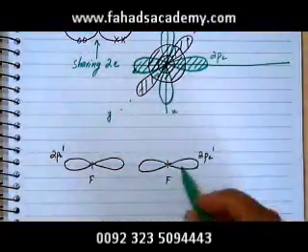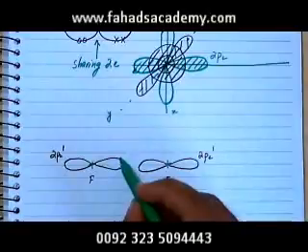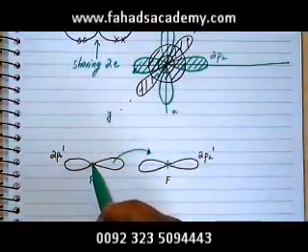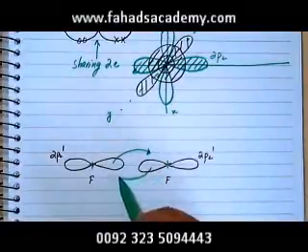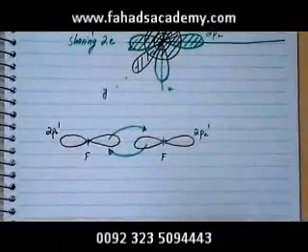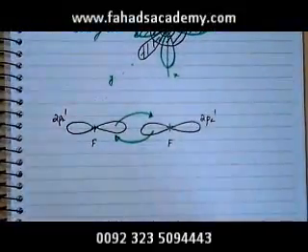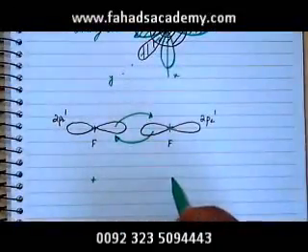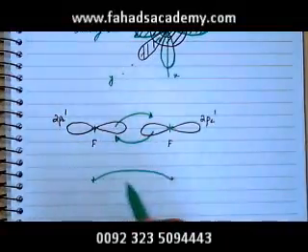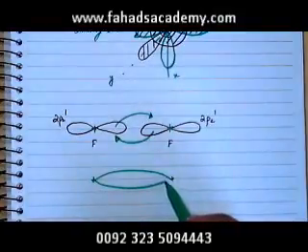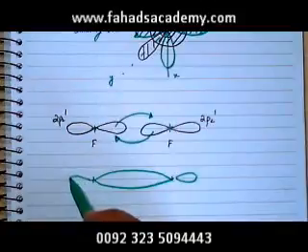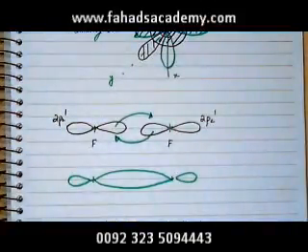Now this nucleus is going to attract the electron which is roaming around over here. So that electron is going to get attracted to that nucleus. Similarly, this nucleus over here is going to try and attract the electron roaming around in this region. What eventually happens is that the two lobes start to overlap. So they get attracted to each other's nuclei, and the two lobes start to overlap.